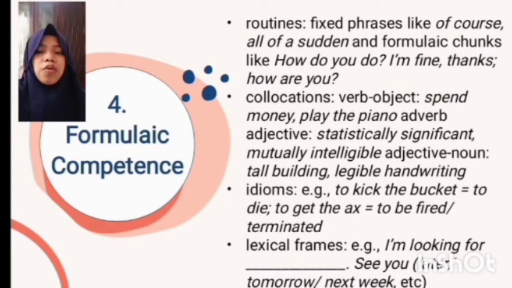And then there's also collocation, like verb-object, spend money, play the piano, and so on. And it's also about idioms that you have already known, like to kick the bucket. It's not literally that someone kicks a bucket, but there's another meaning.